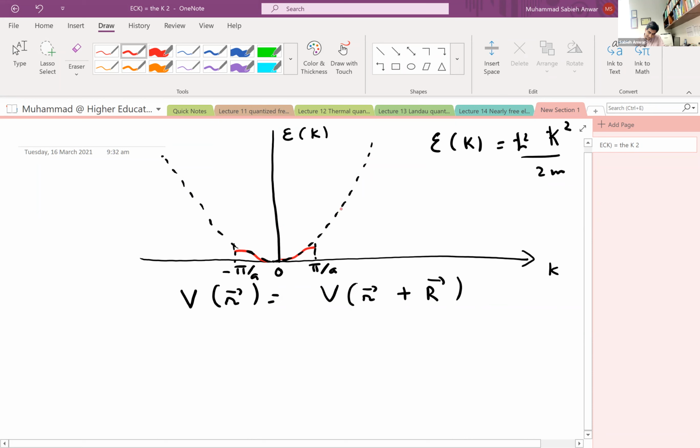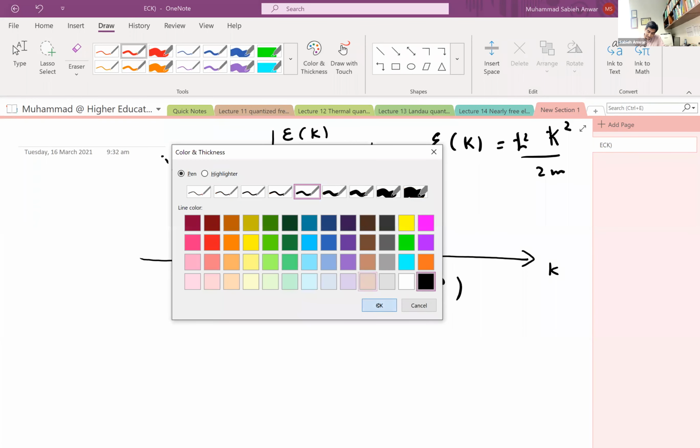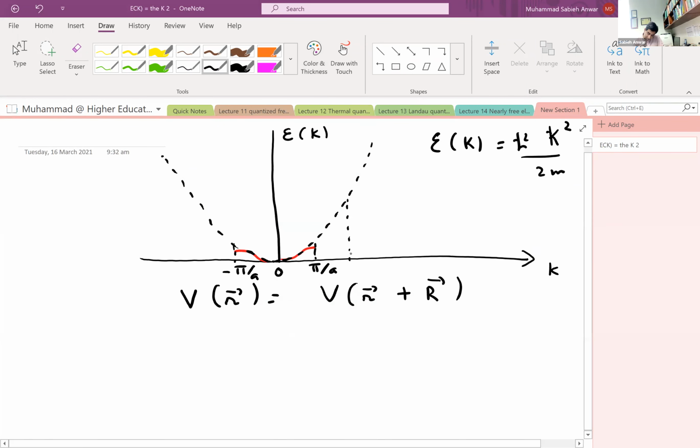And likewise, let me draw all the k points which are multiples of pi over a. Here I have 2 pi over a, 3 pi over a, minus pi over a, minus 2 pi over a, minus 3 pi over a, minus 4 pi over a.